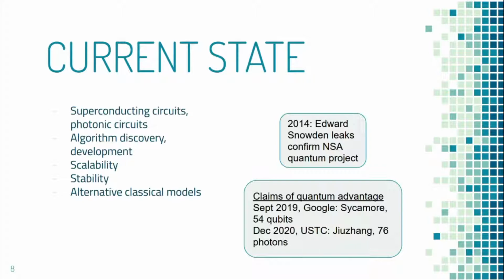Also improving stability of current quantum computing models, and also researching alternative classical models. How can we improve existing technology? Because quantum computing, as of right now, is very difficult to sustain.